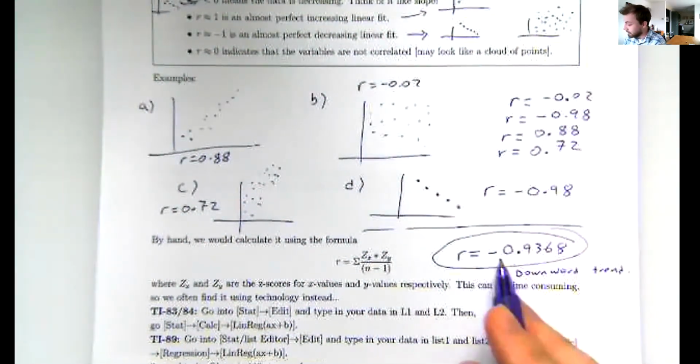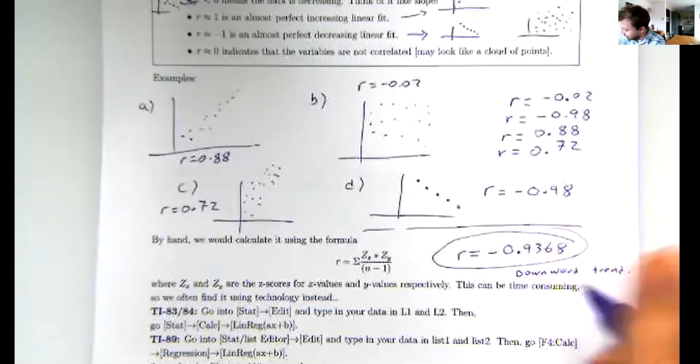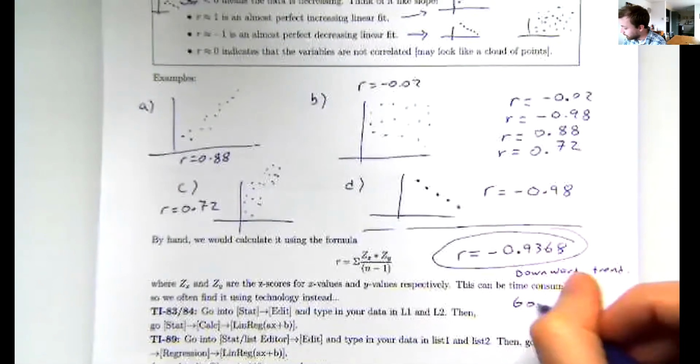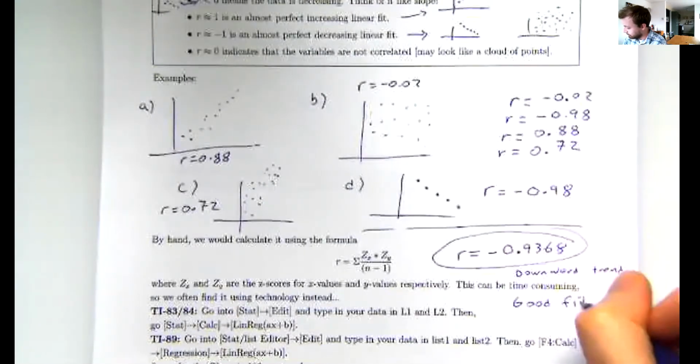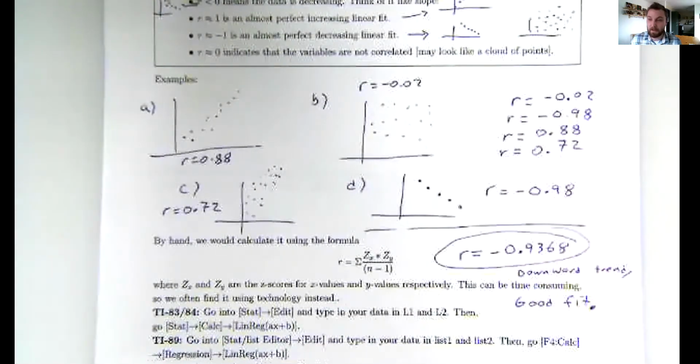The other thing it's telling me is this is pretty close to -1, so I am also noticing that this would be a fairly good fit. So should I use that line to make predictions about winning times for future Olympics? My prediction should be reasonable at least for a while.